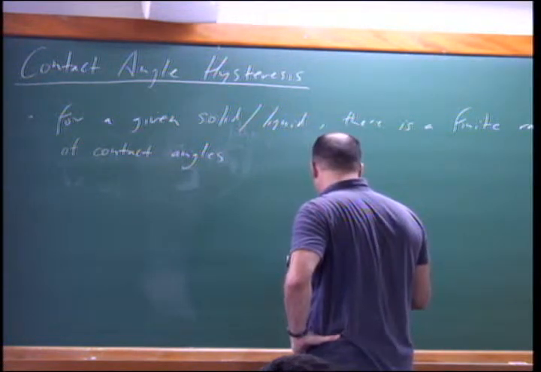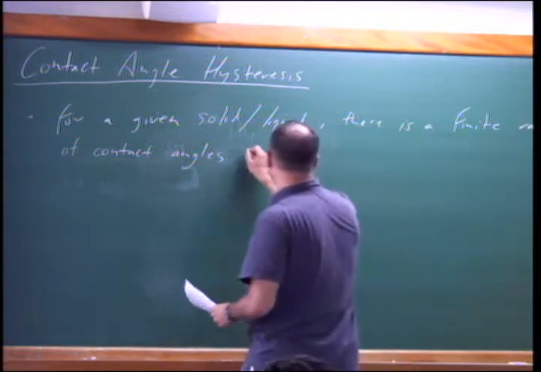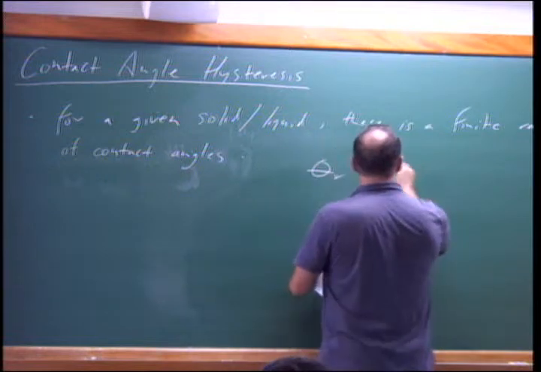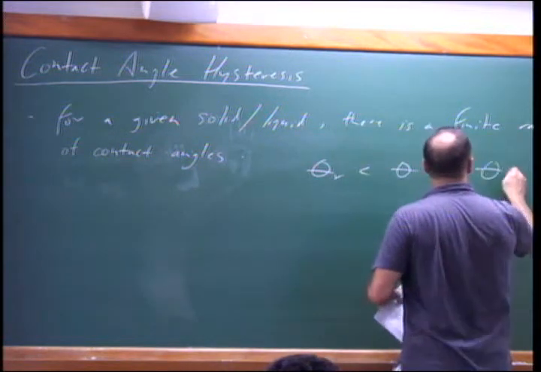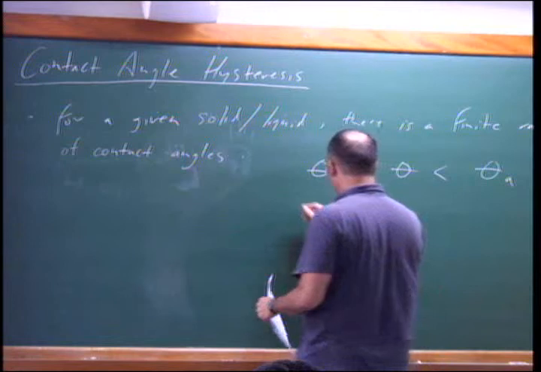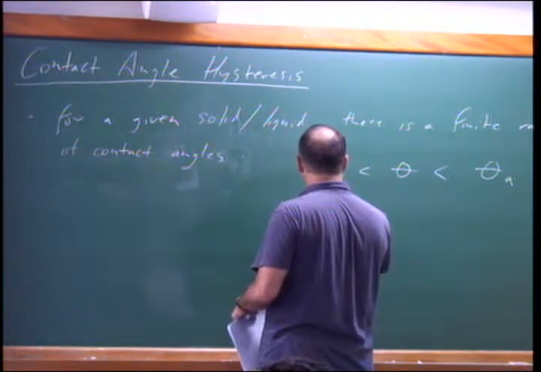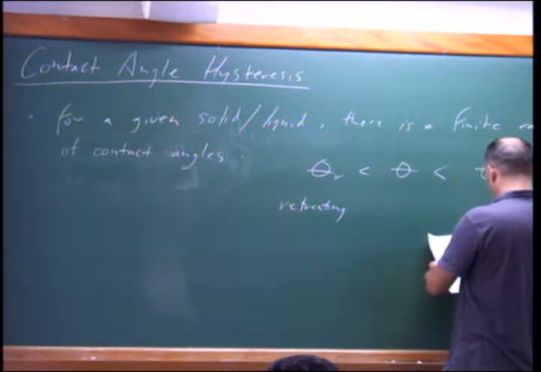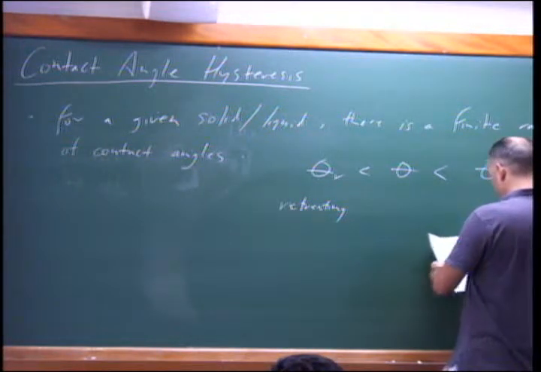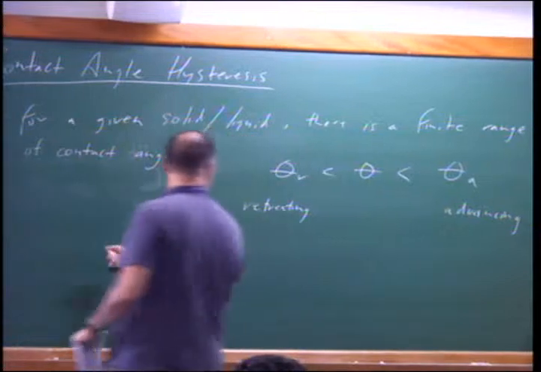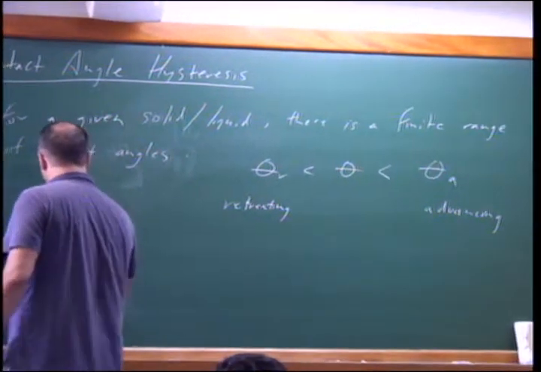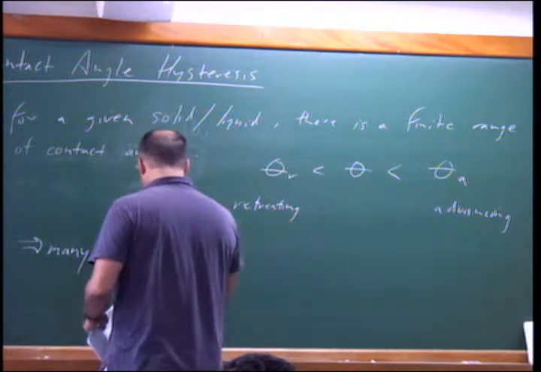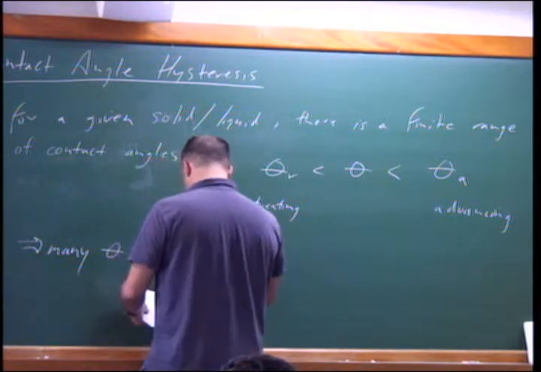Okay, so this is just an empirical fact. One sees that there's a maximum and a minimum, and we can see this experimentally. So basically many static contact angles can coexist.